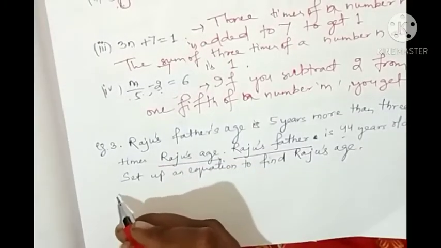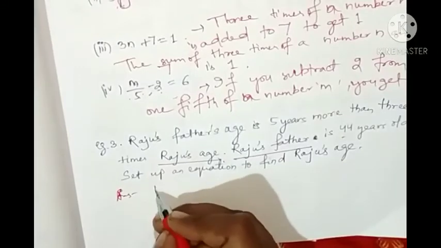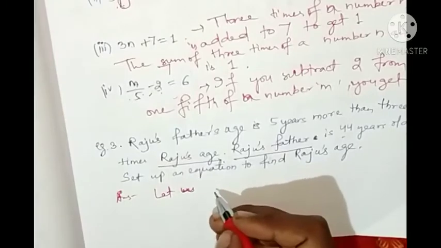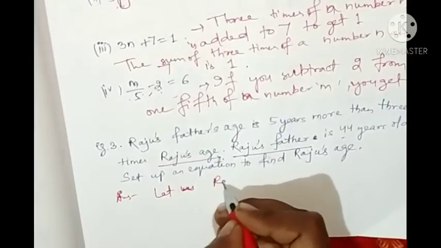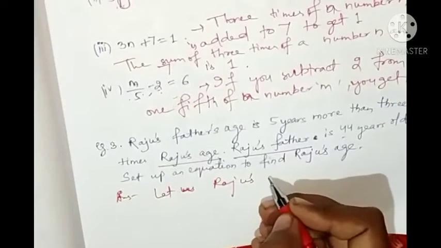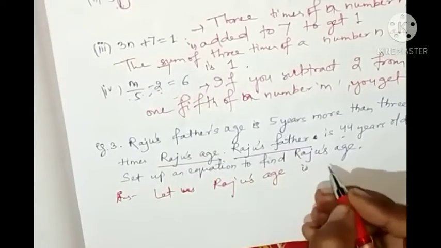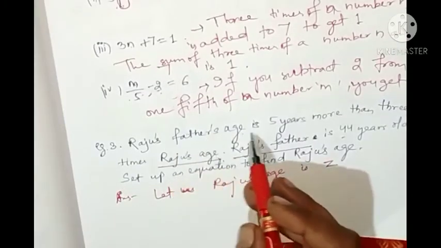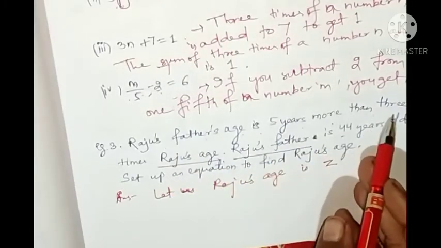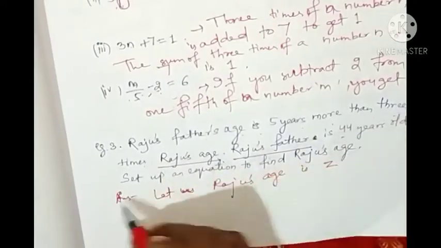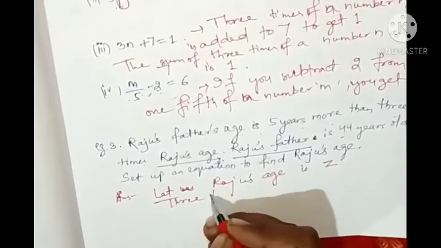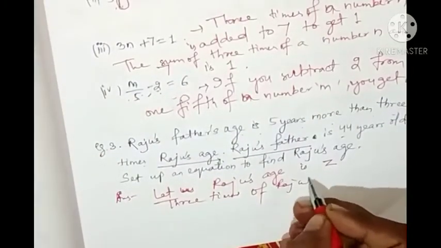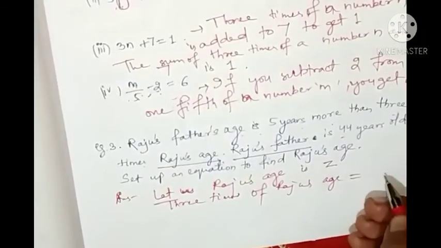So let us take Raju's age as Z. Okay, so Raju's father's age is 5 years more than 3 times Raju's age. So 3 times Raju's age equal to how much?